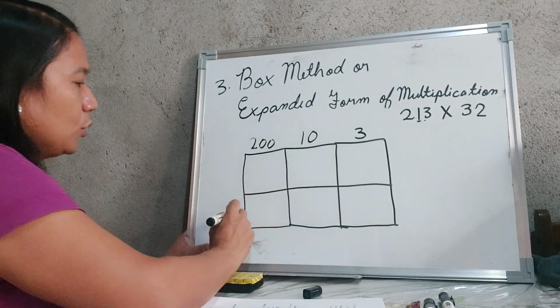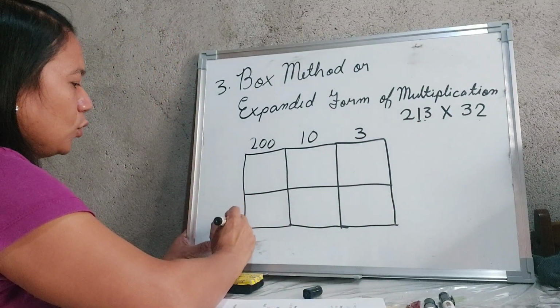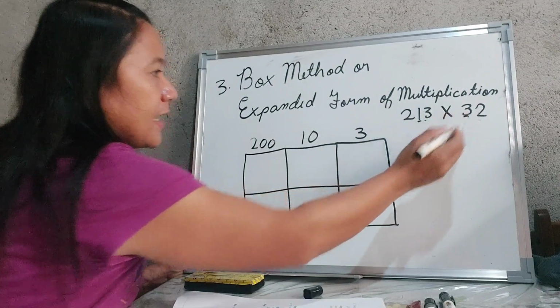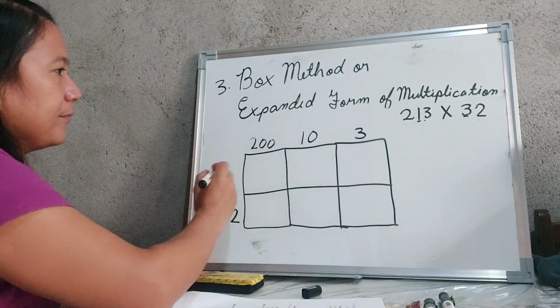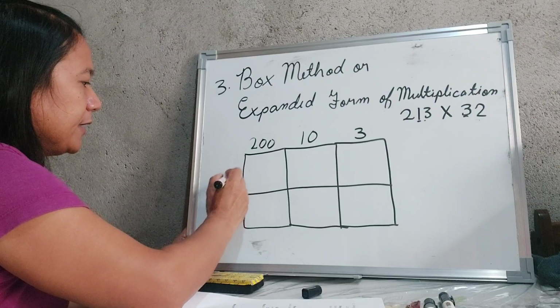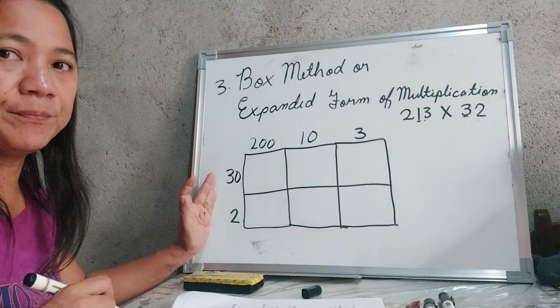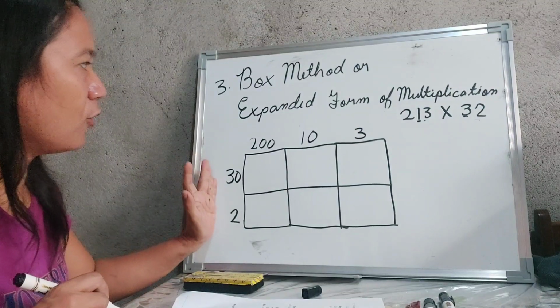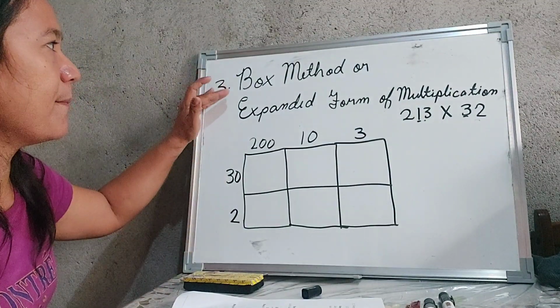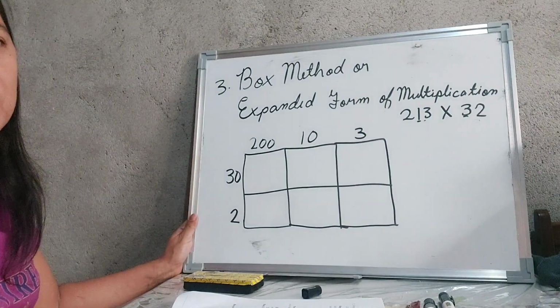So the 1's value which is 2 and 10's value which is 3, paano siya isusulat into the expanded form? Magiging 30 siya. So ganito ang magiging itsura kung paano tayo magsosolve using the box method or expanded form of multiplication.